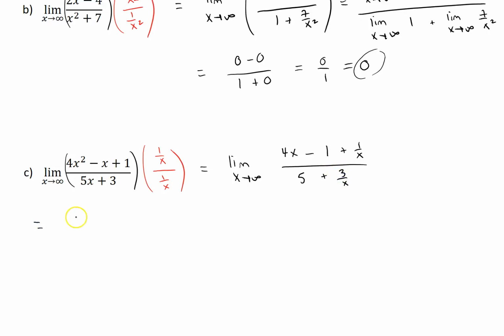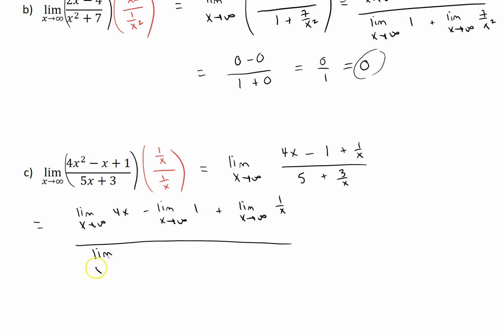And this actually breaks down into 5 separate limits that have the limit as x approaches infinity of 4x minus the limit as x approaches infinity of 1 plus the limit as x approaches infinity of 1 over x divided by the limit as x approaches infinity of 5 plus the limit as x approaches infinity of 3 over x.